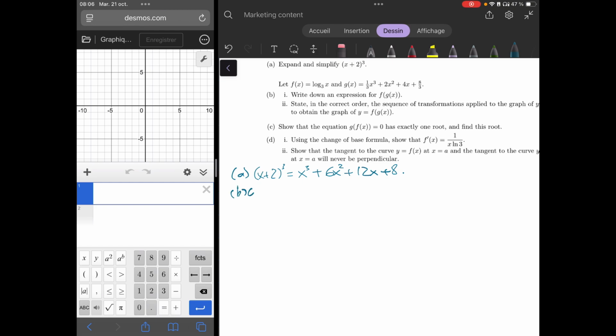Part B, B1. Write down an expression for f of g. So you will replace x with g of x.